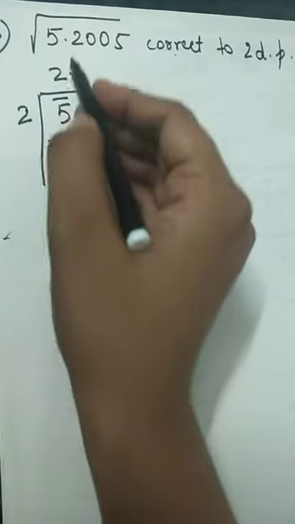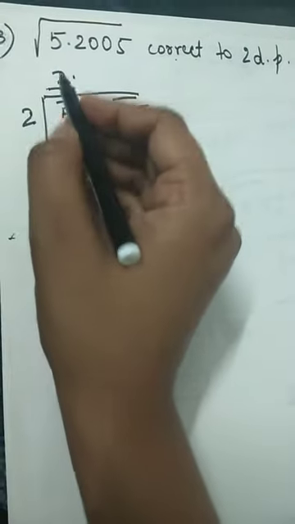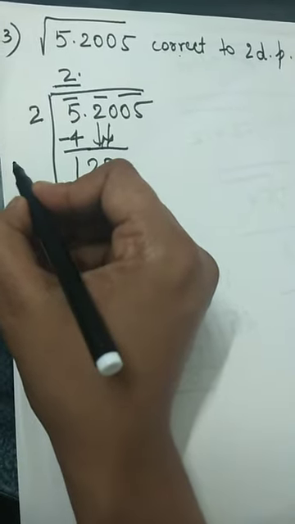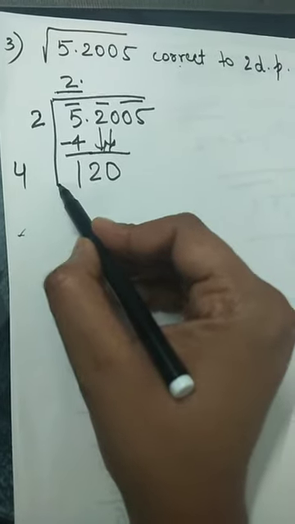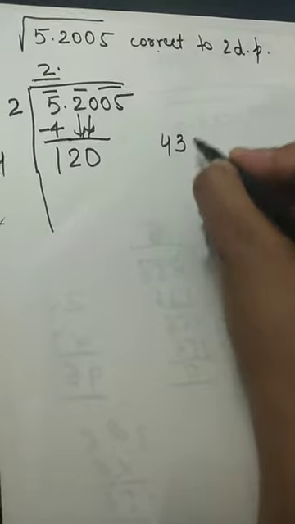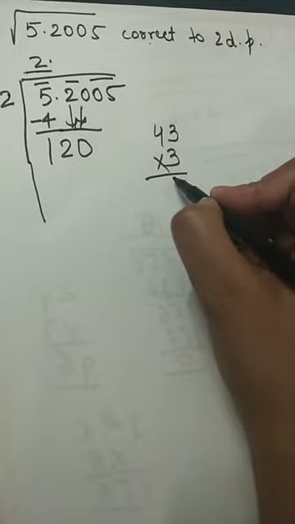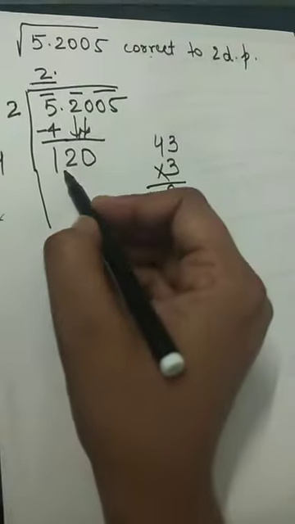Now we will put the decimal because this part is over. Now we will double the quotient. Here the quotient is 2, so we will double 2, which is 4. Now we have to think of a number which divides 120. If we take 3, 3 3s are 9 and 3 4s are 12, which is greater than 120.